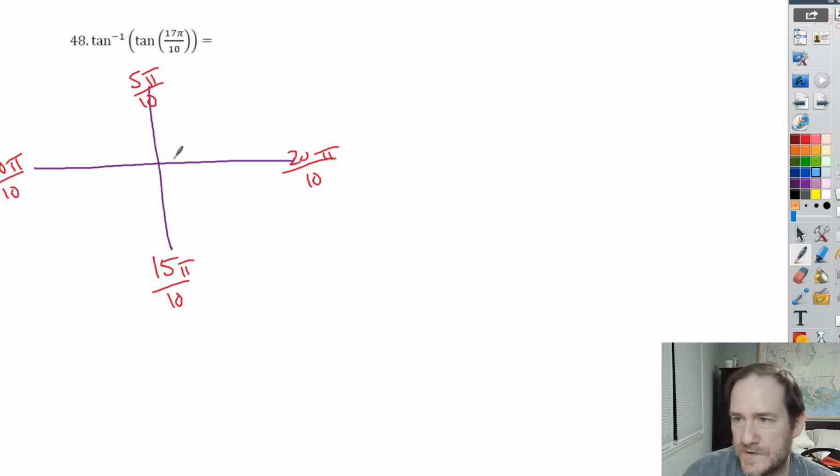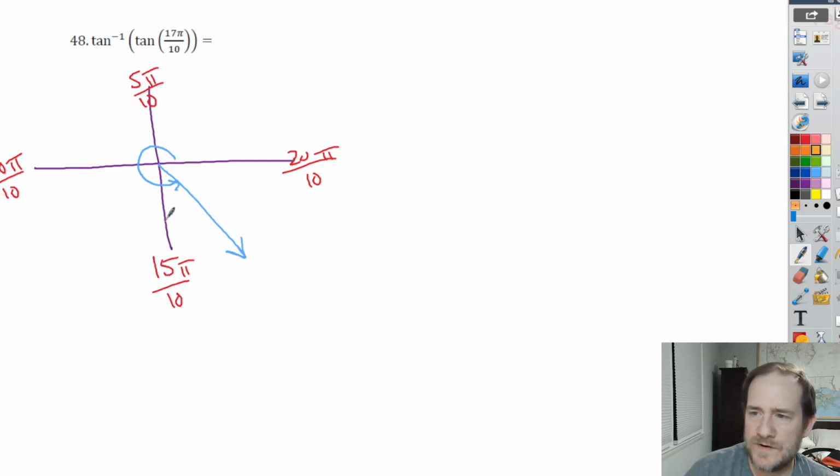I bet it's right here. It's 2 pi over 10 beyond the y-axis, but that's not what's important at all. The fact that we're 3 pi over 10 shy of the x-axis is really all that matters. We know we're working with a 3 pi over 10 reference angle.